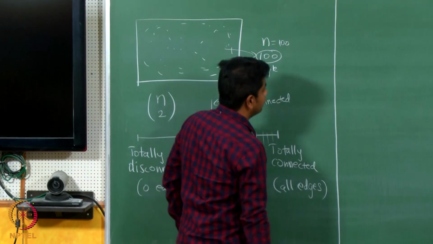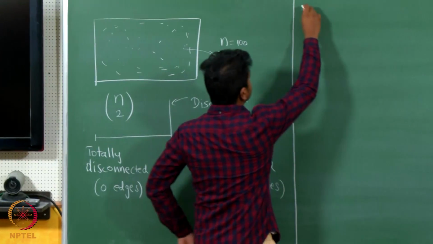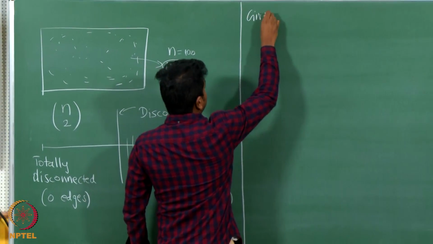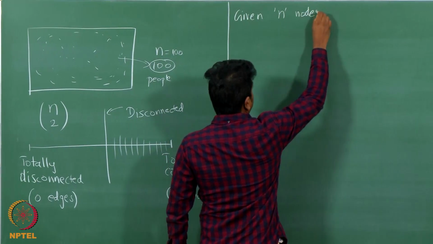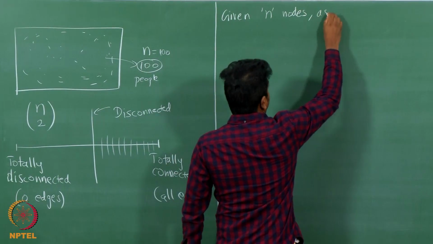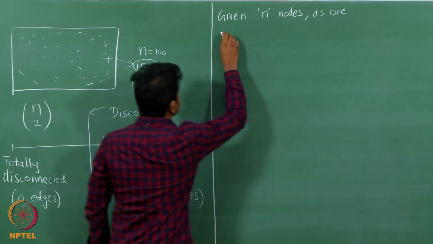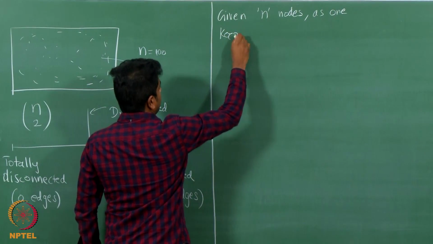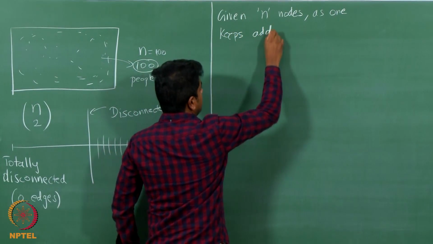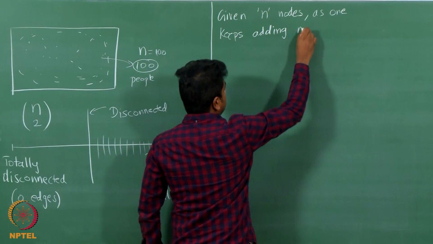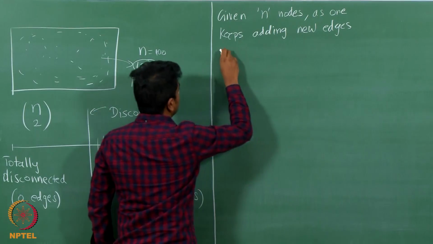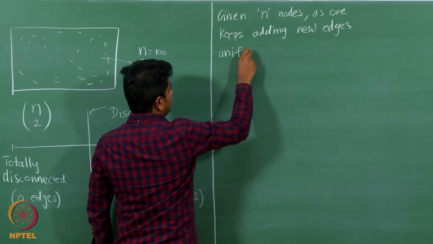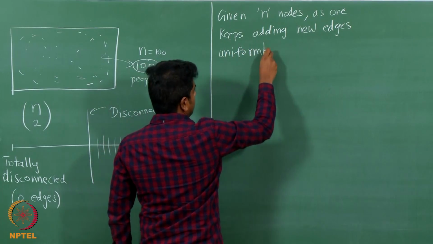So I will write this down for clarity sake. Given n nodes, as one keeps adding new edges, I use the word uniformly at random.